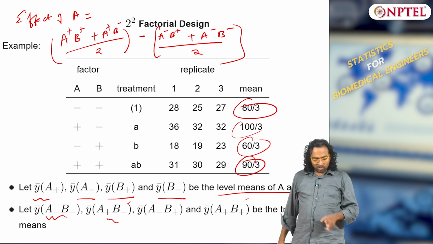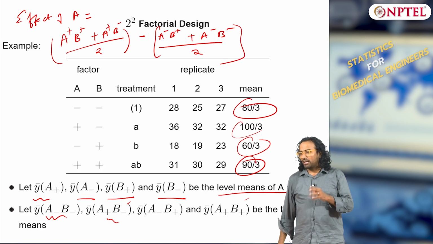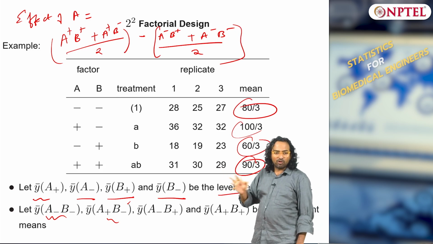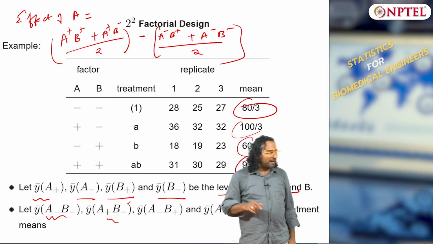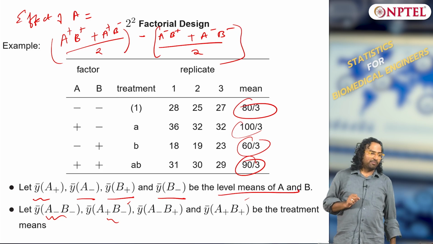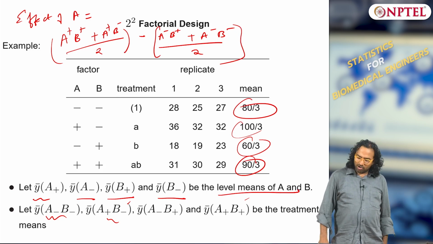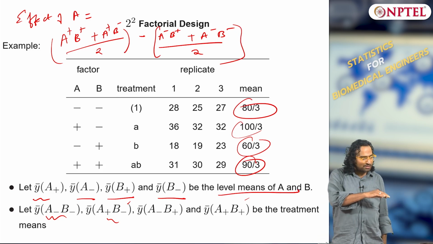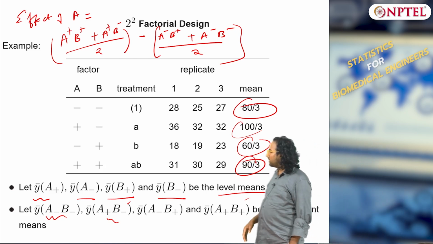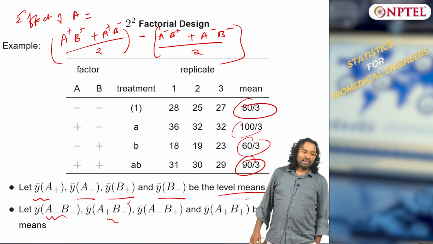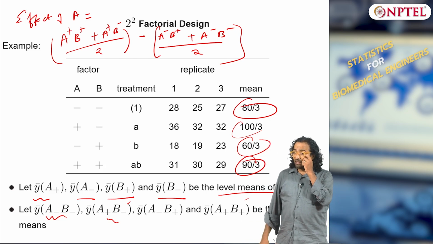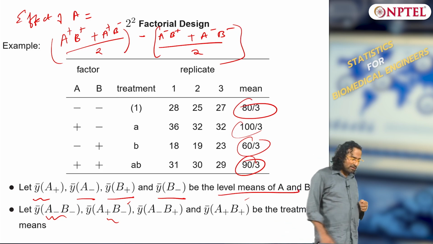So 2 values and there are 3 replications. So there are 6 data points for A plus alone. If I take A plus B plus, then it will be only 3 data points. We will use that at some other point, not now. So I just wanted to give you the level means of A and B and the treatment means, make sense? So I am defining it as an average.